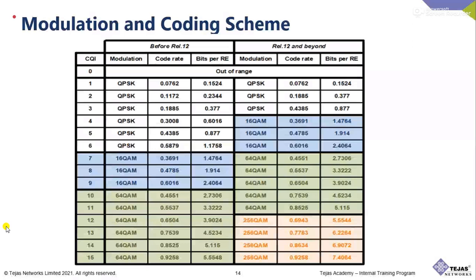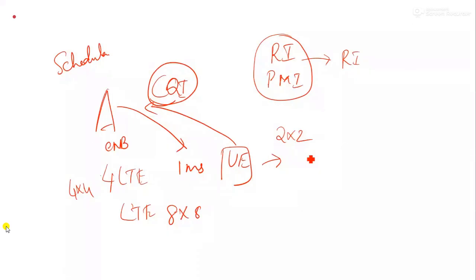So how will the network understand how many antennas the mobile supports? That is told by the UE. If I say rank indicator 1, it will support only one antenna. If I say rank indicator 2, it will support two antennas. Okay. And PMI means precoding matrix indicator.